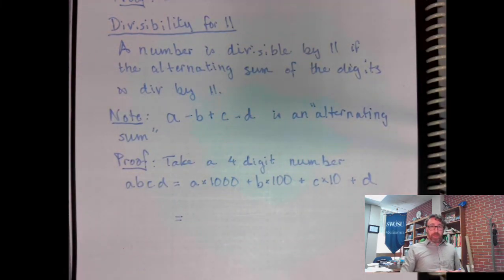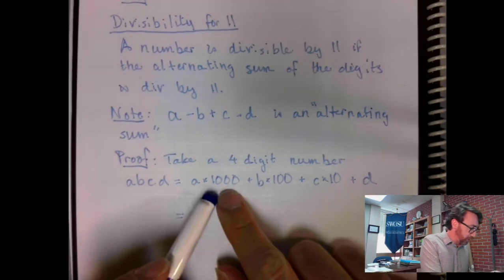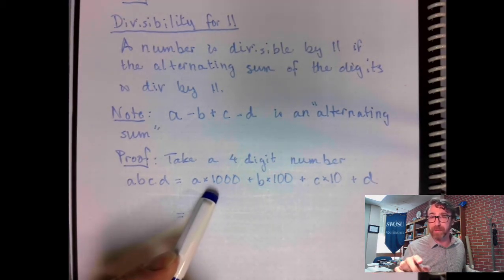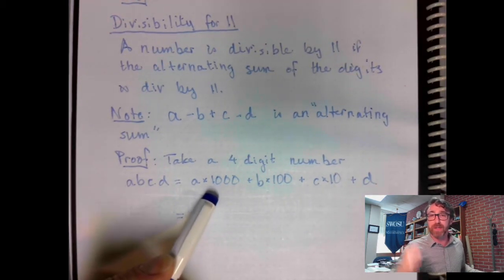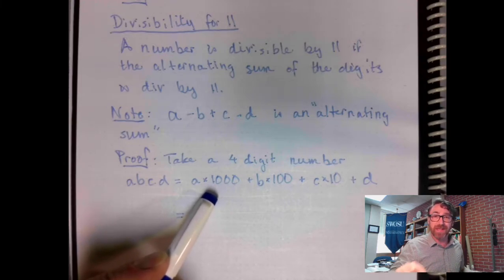All right, now, when we were doing the proof for divisibility by 9, we viewed this as 999 plus 1, and then broke it up that way. Now, the whole point of doing that is that we know 999 is divisible by 9. Okay, that won't work here, though. 11 doesn't go into 999 evenly.